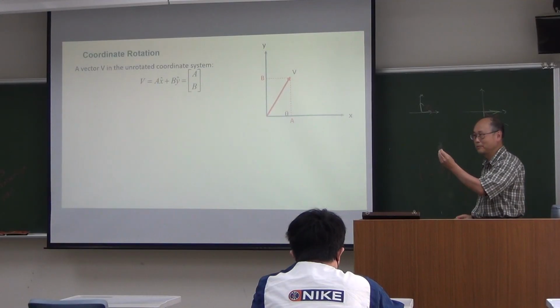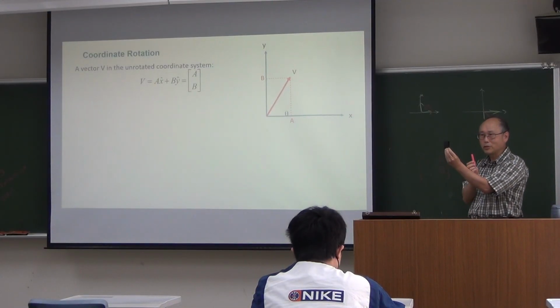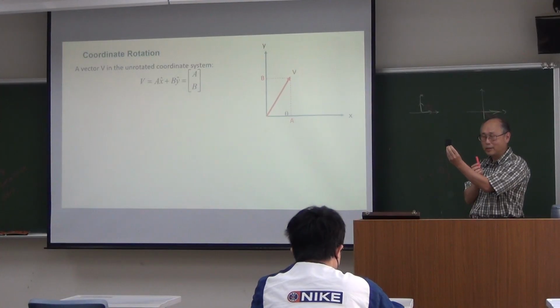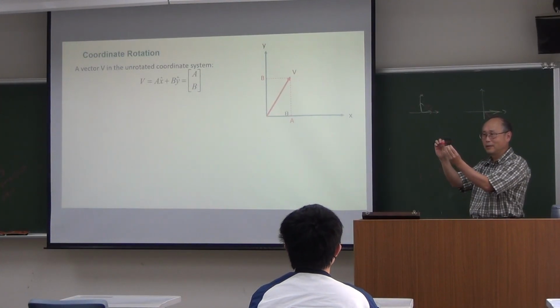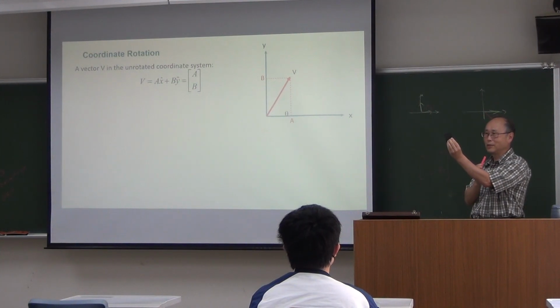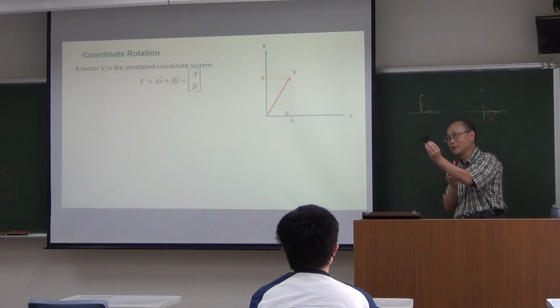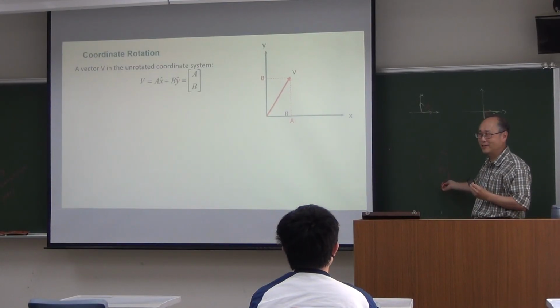So if I have a polarizer like this with the transmission axis along, say, the x direction, now I rotate it with an angle. Then it's better that I also rotate myself with the angle. Then this does not change.